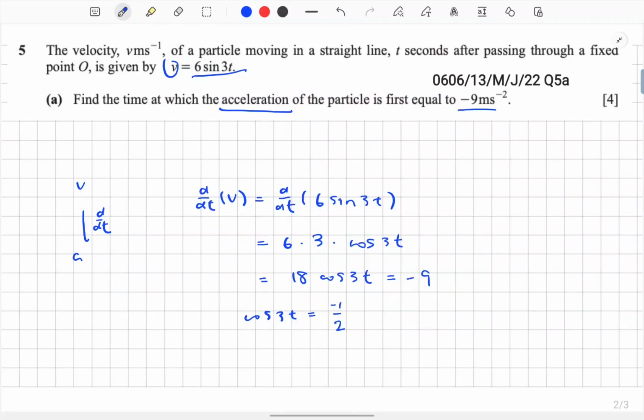We solve this trig equation, and after taking the inverse cosine of -1/2, 3t equals 2 pi over 3. We want to solve for t, so we divide by 3 on both sides. t equals 2 pi over 9. And this is our final answer.